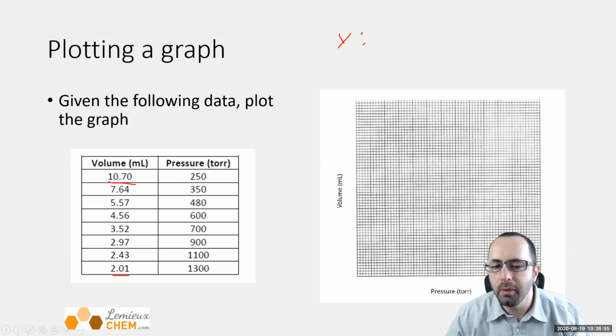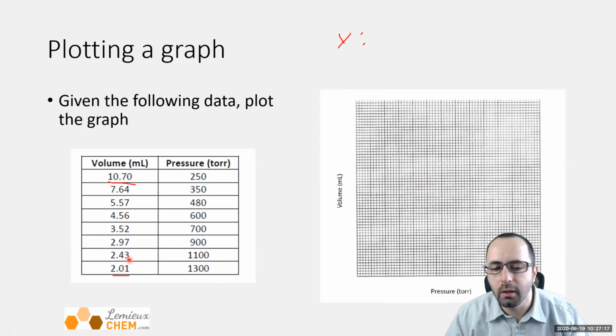Now, when we're making our range, we want something that can divide into, well, maybe not 13, but maybe 12 or 10 boxes. Well, look at this. On the low end, we're kind of close to 0 here compared to 10. So 2 here is kind of close to 0 compared to 10.